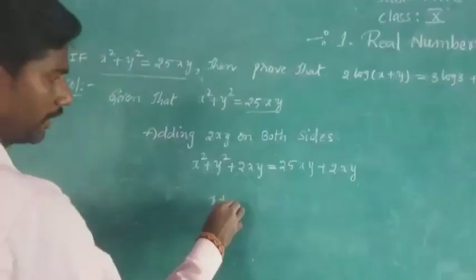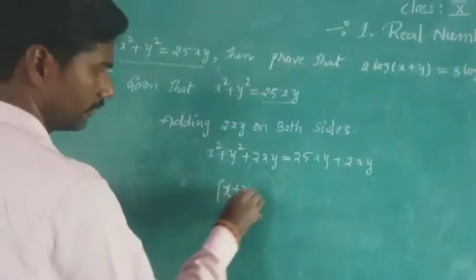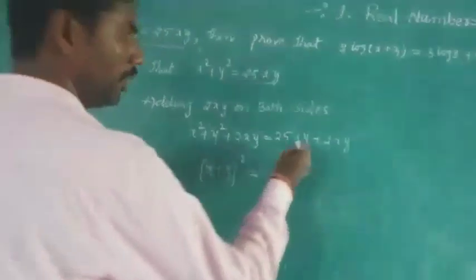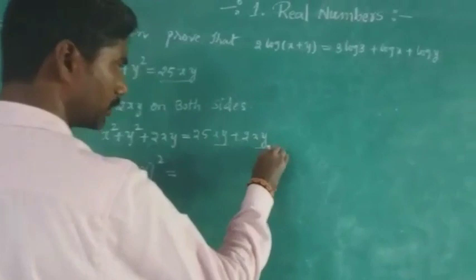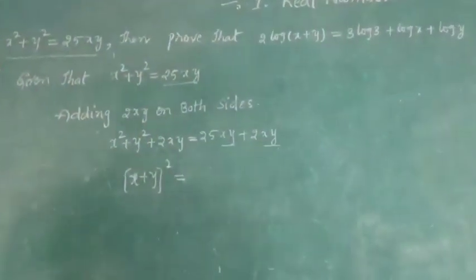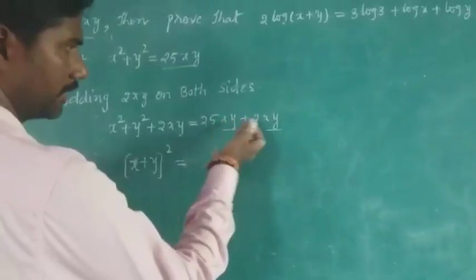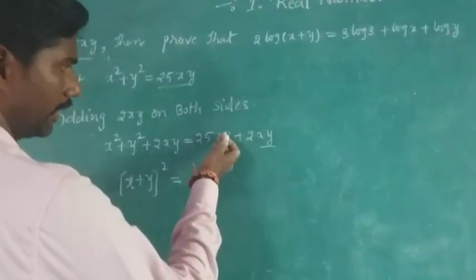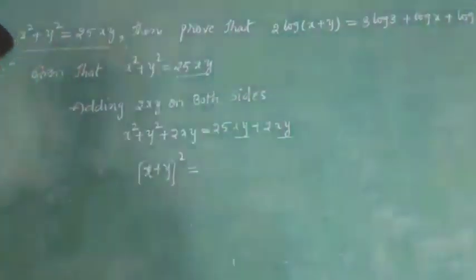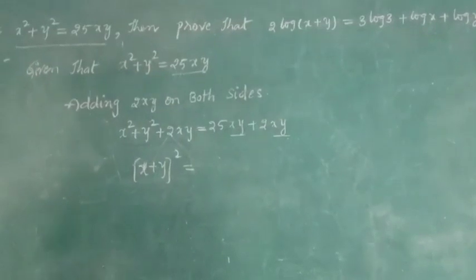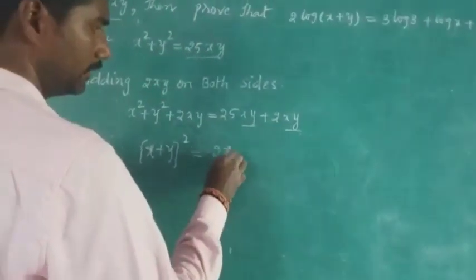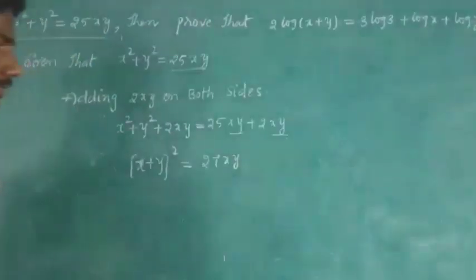You can write x plus y whole square is equal to... So you observe this xy, both are like terms, and their powers are also the same. Here x power is 1, here x power 1. y power 1, y power 1. Both are like terms, so you can add it. 25 plus 2, 27xy. Isn't it right?